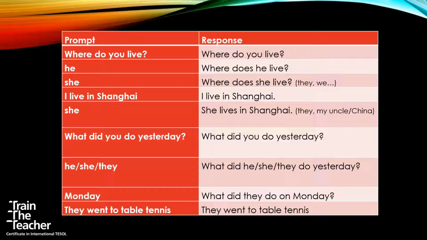And then the teacher drills an answer, they went to table tennis. The learners respond, they went to table tennis. And then the teacher gives an additional prompt, the pool, and the kids reply, they went to the pool. So what we're looking at here in terms of drilling is a prompt, which is a model, and then a manipulation of that prompt designed to develop fluency and accuracy in language use.